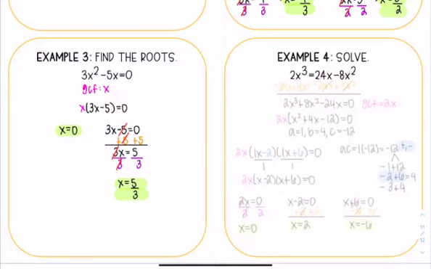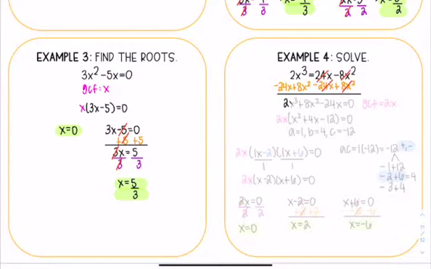And let's go ahead and do one more. We have 2x cubed equals 24x minus 8x squared. Again, this has to be set equal to 0 before we can even do anything. So I am going to subtract 24x from both sides and add 8x squared. And so it cancels on the right.